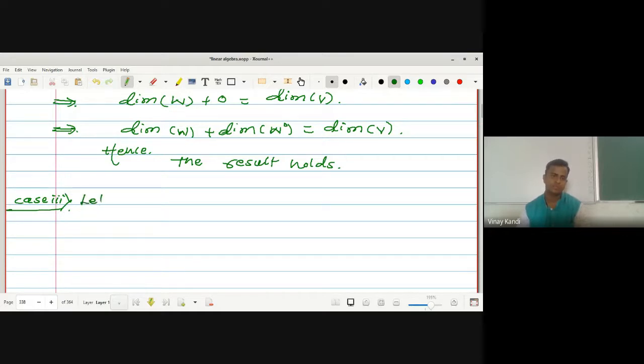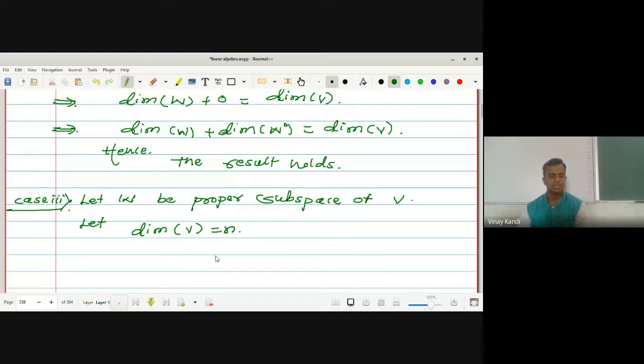Let W be a proper subspace of V. Now let the dimension of V be equal to n. In the statement we said V is a finite dimensional vector space, that is, the dimension of V is finite.